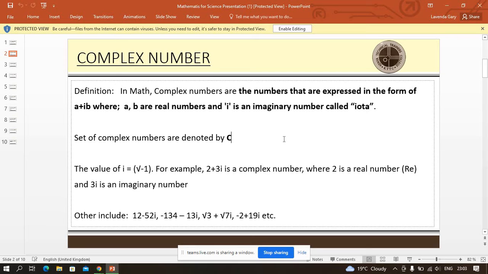Now, who can give us any example of a complex number? Vivian? Yes, an example of a complex number. 9 plus... Yes, that is a good trial. Another one?